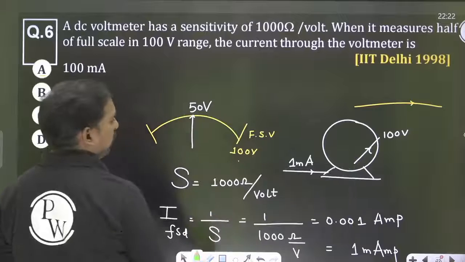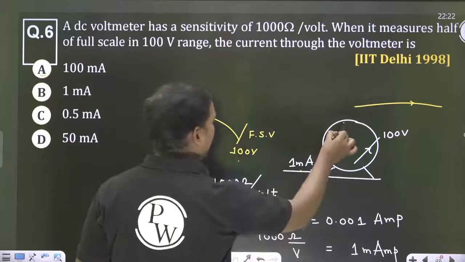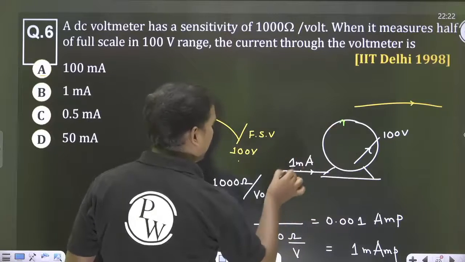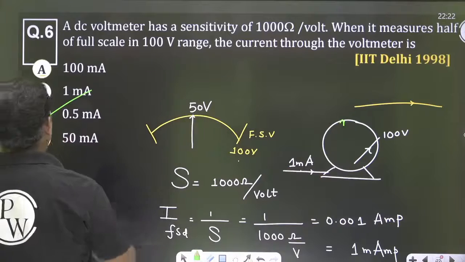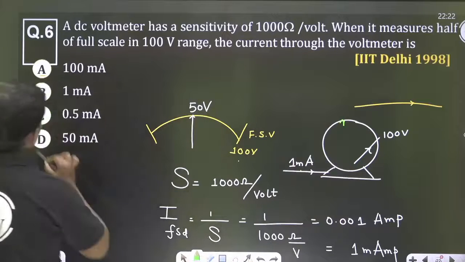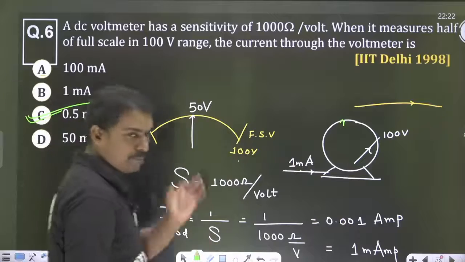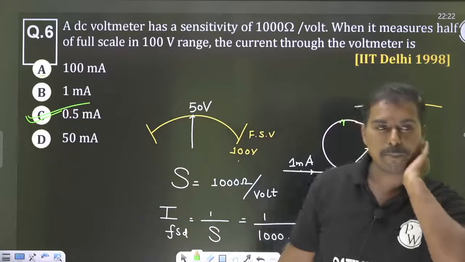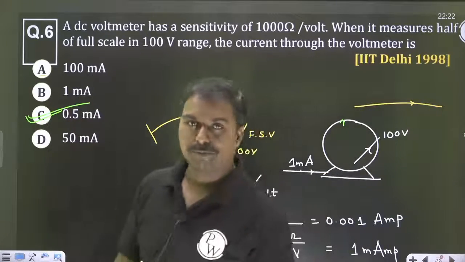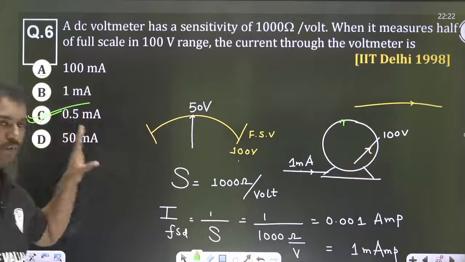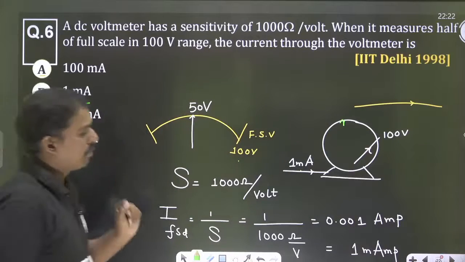Because for 100 volts, 1 milliampere, definitely for 50 volts the current required is 0.5 milliamperes. Option C, 0.5 milliamperes. Got it? Conceptually very, very excellent question.